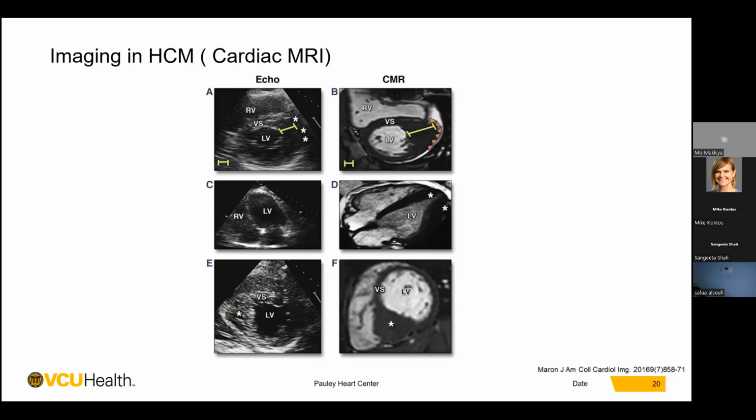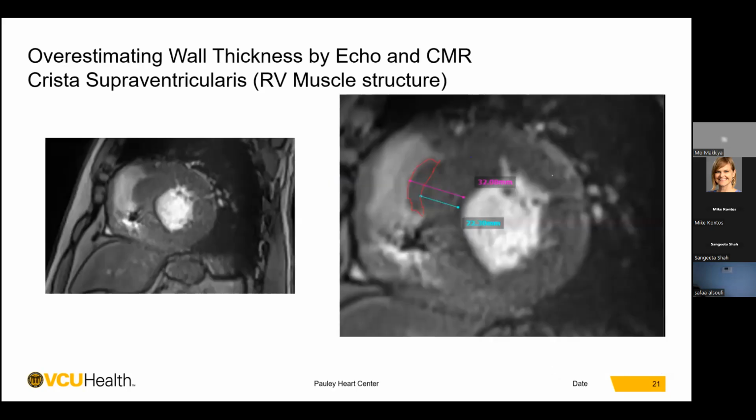We can easily miss the diagnosis unless we use echo contrast. And even with that, you may foreshorten the apex and not see it very well. So MRI is becoming more and more the most important test after echo in evaluating patients with HCM.